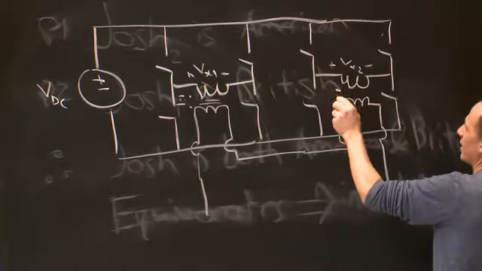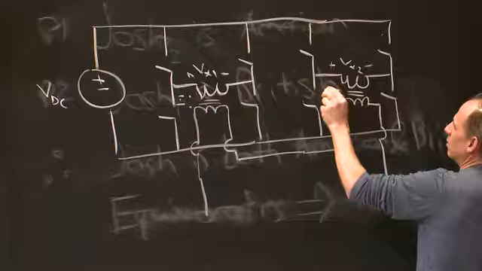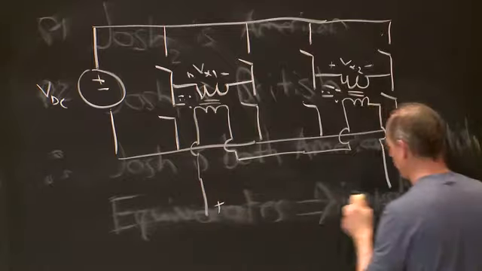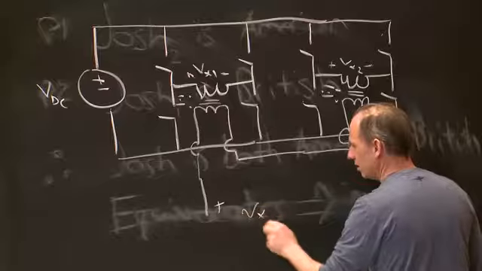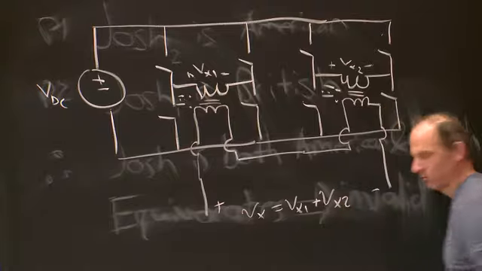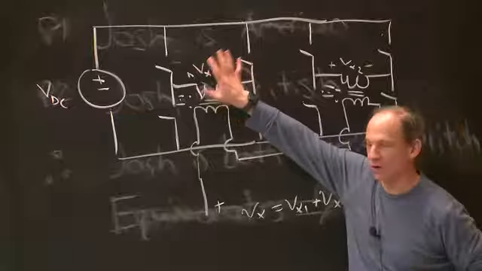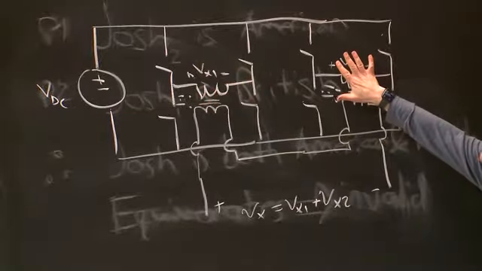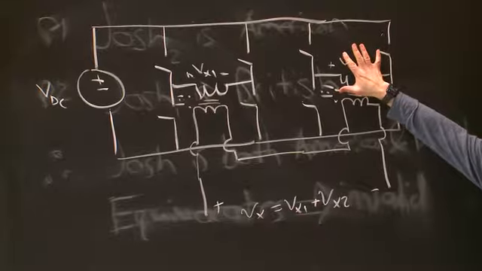So this is Vx2. That means that this total Vx is simply equal to Vx1 plus Vx2. So I've got a first inverter generating a first pattern, and a second inverter generating a second pattern.